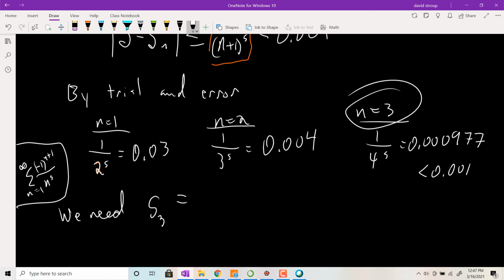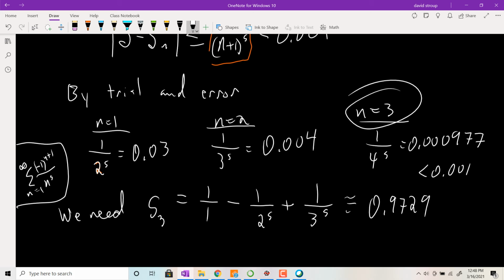So S sub 3: plug in 1 first, you get 1 over 1 to the 5th, which is just 1. Then minus 1 over 2 to the 5th, and then plus 1 over 3 to the 5th. For your approximation of what the actual sum is, this is approximately 0.9729.